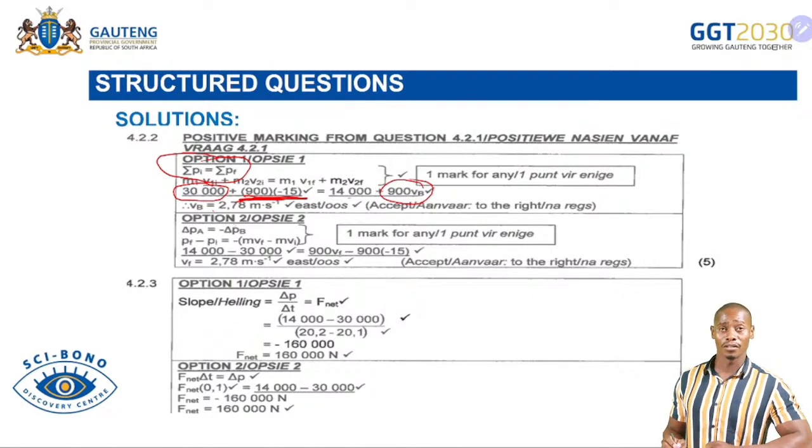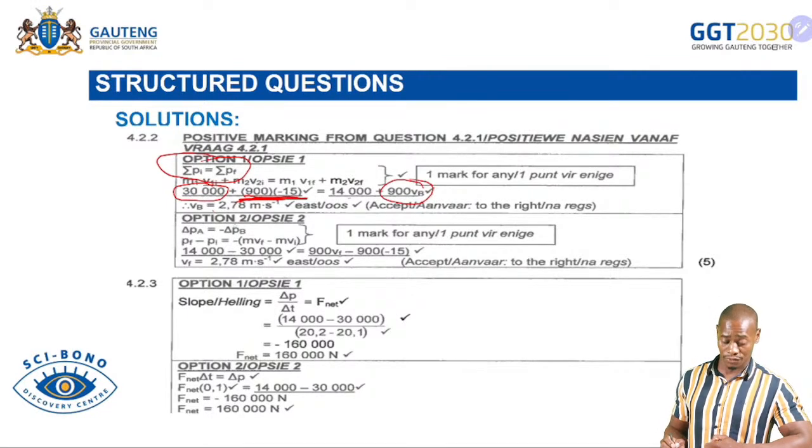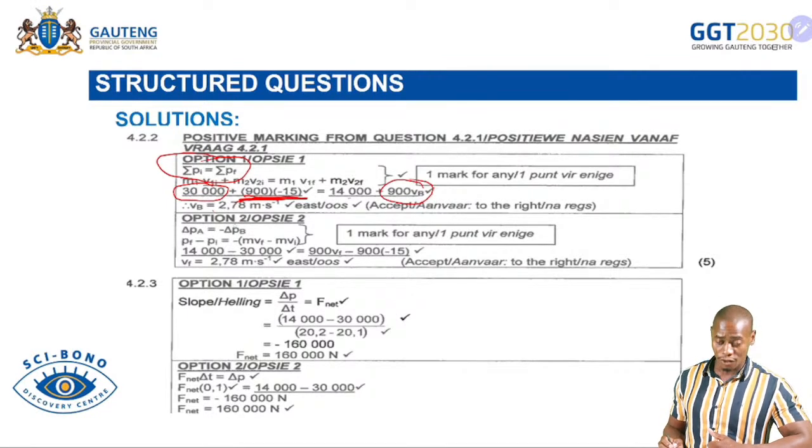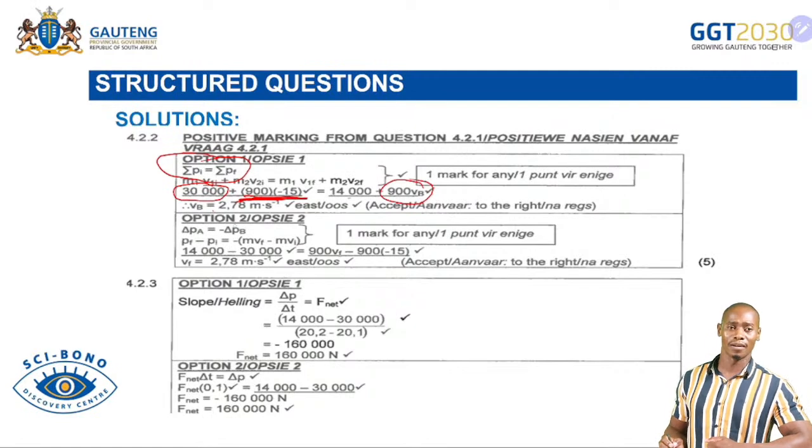Another option, learners. During collision or contact, we have talked about this: force of A on B equals force of B on A in opposite directions. The change in momentum of A equals the change in momentum of B, but acting in opposite directions.